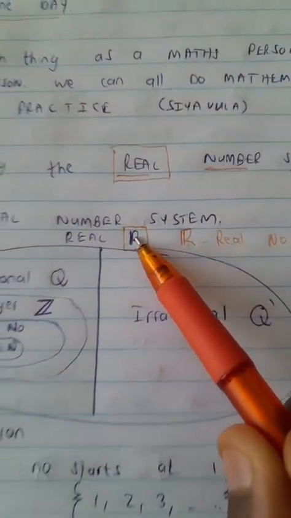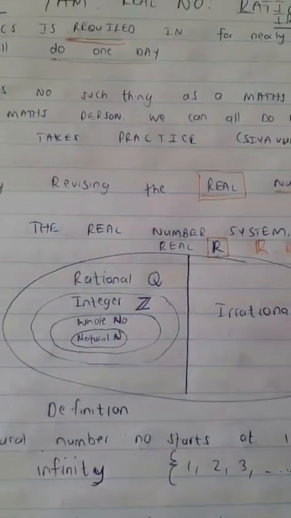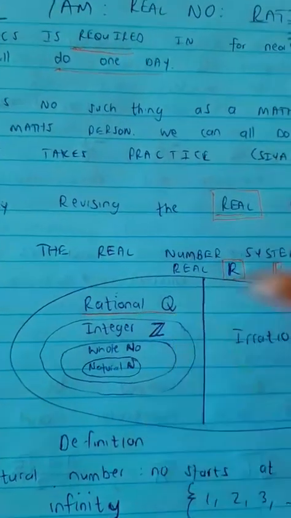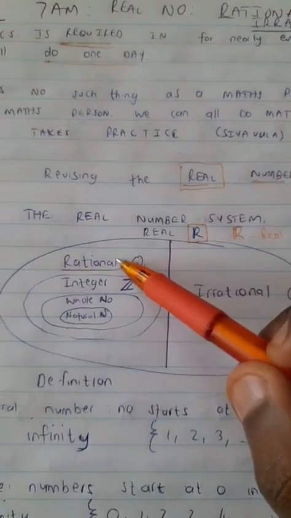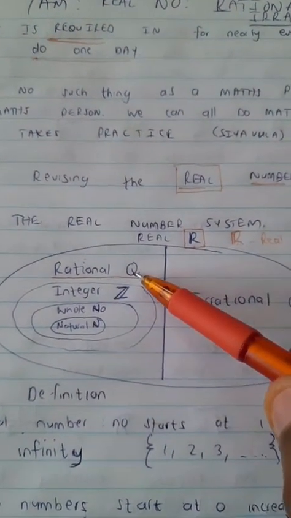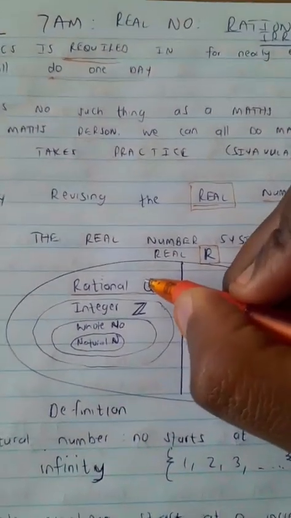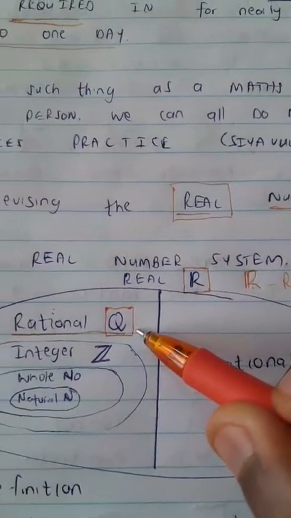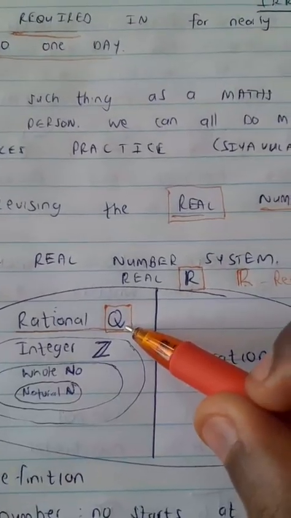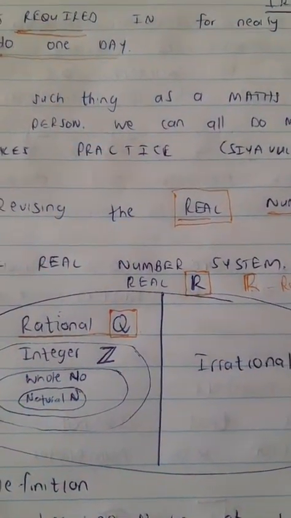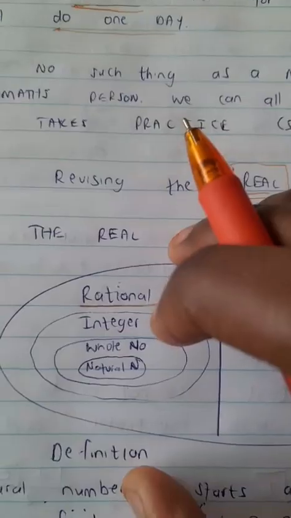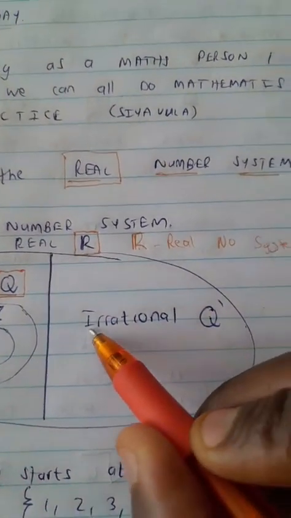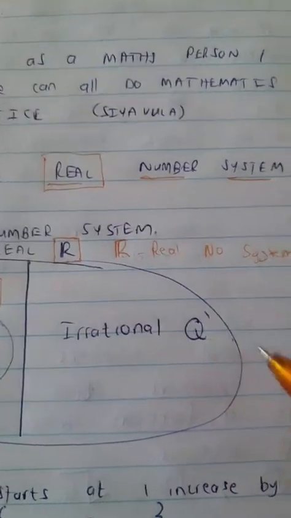Then here it is. The real number system can be divided into two. The first division of the real number system is what we call rational numbers. This is the symbol that is used to define rational numbers: this Q, a standalone Q. Then on the other side we have what we call irrational numbers, and look at the symbol.